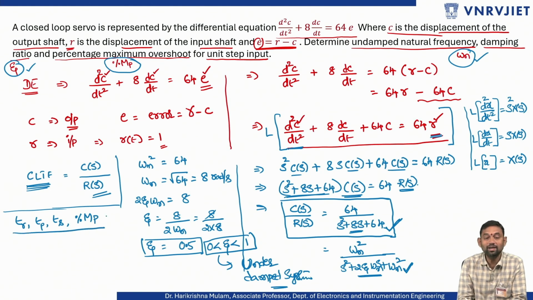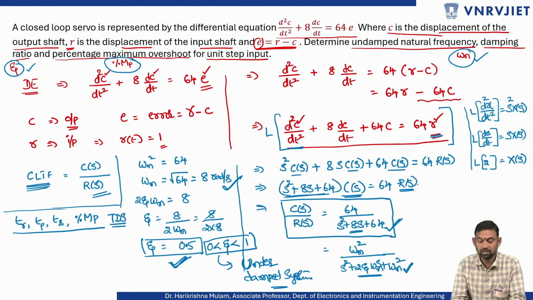These 4 are called time domain specifications. All these time domain specifications can be calculated if you know the omega n value and zeta value. If you know these two values, you can find all these time domain specifications by using the formulas. But in this problem, we are asked to find only the percentage overshoot.